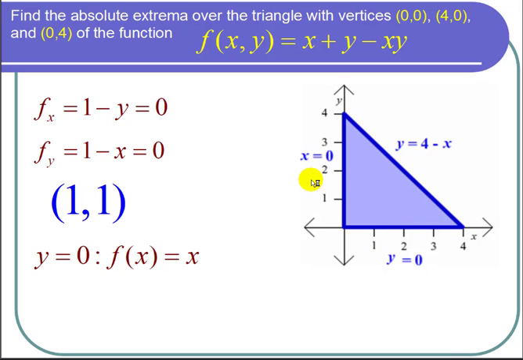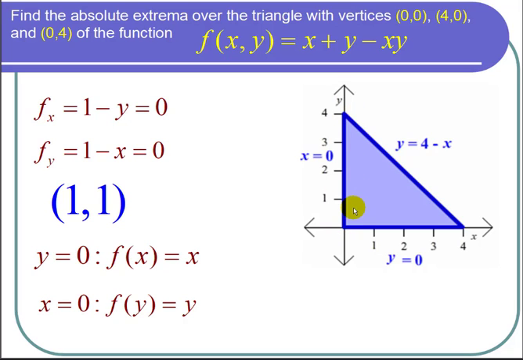Similarly, at x equals 0, f(x, y) is equal to y, and its derivative is also 1. So there are no critical points on this boundary, which means that the extrema must occur at the endpoints or the vertices.